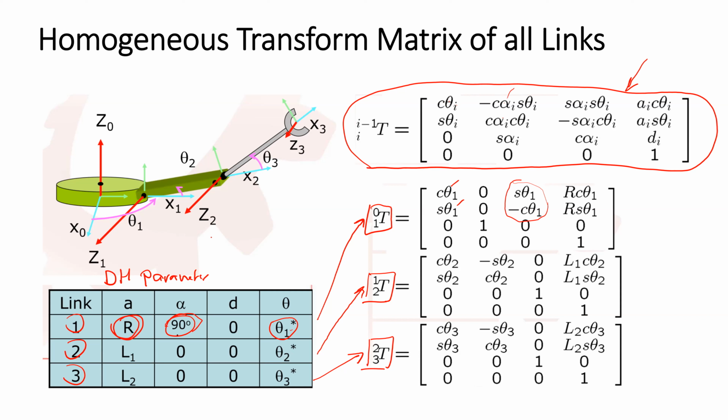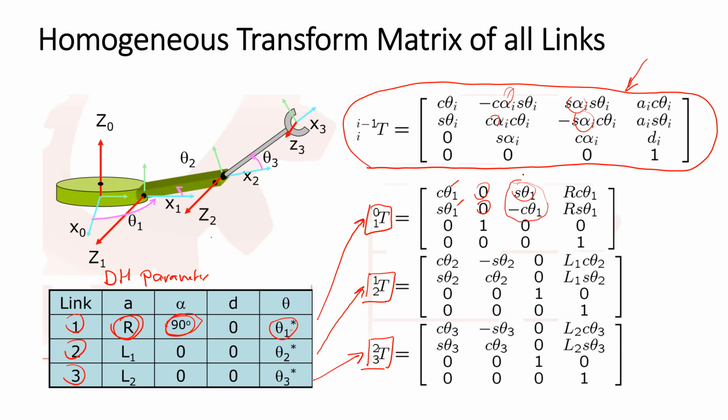Alpha is 90 degrees. Cosine of 90 degrees will be 0. Sine of 90 degrees is equal to 1.